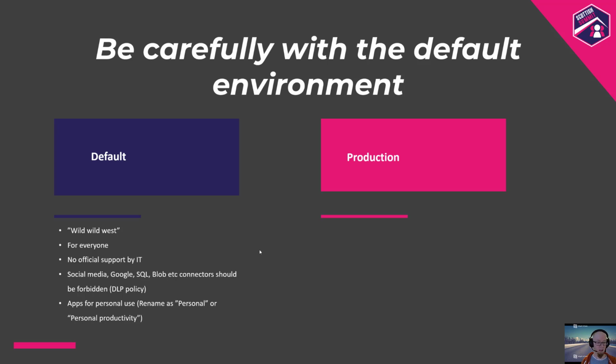And this one production environment is a managed environment. You control who can build applications in that environment, who can deploy applications to that environment, and so on. So you can have approved app makers for that environment.